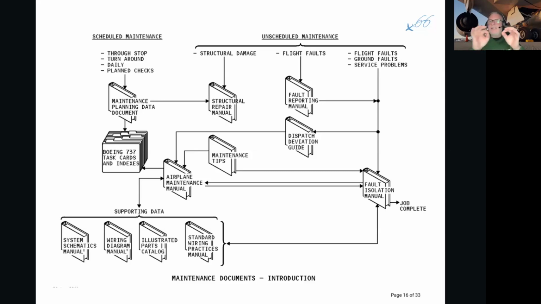So they put standard text or standard ways of reporting faults, so that the pilot can report them in a concise manner, and the engineer who sees that can reference it to the fault isolation manual because the fault reporting manual will tell him where to go.